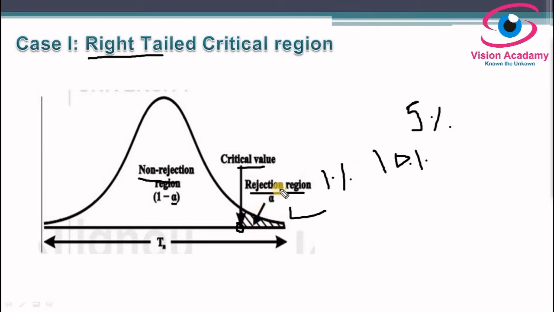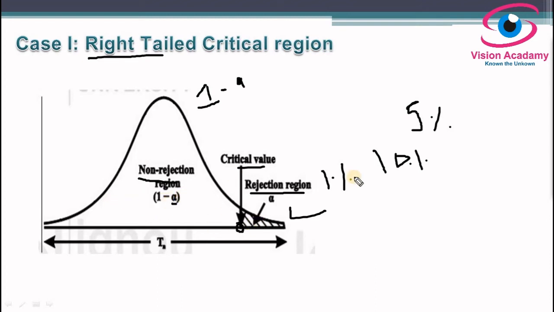So alpha is the rejection region. For the non-rejection region, if you consider the whole distribution as 1, the probability of 1, and subtract alpha from 1, you will get the non-rejection region. This alpha value we will find from the respective distribution table, like the T distribution table, Z distribution table, and respective tables like the chi-square test also.